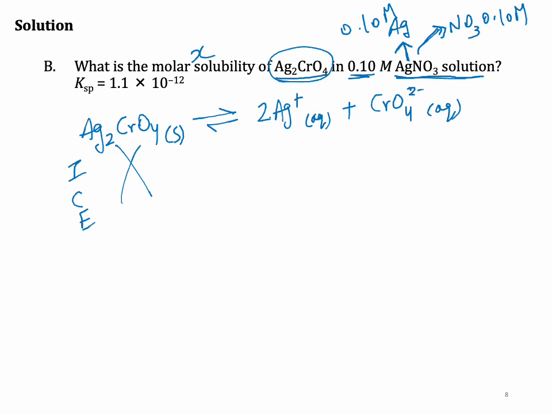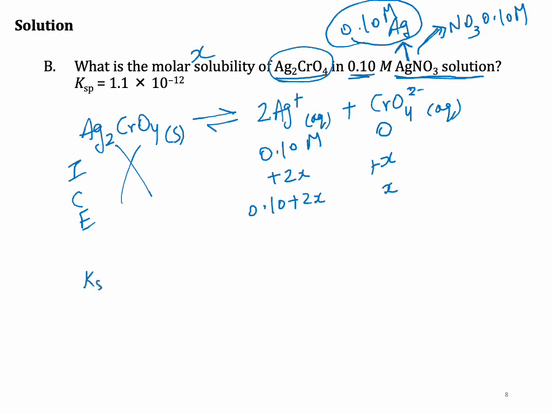I'm solving for X. Initially, I do have some silver in the solution. That is what is common ion. So initially this is 0.1, CrO4 is 0, because initially this is the common ion that is present. This would be plus 2x, this would be plus x. So equilibrium is 0.10 plus 2x, equilibrium is x.